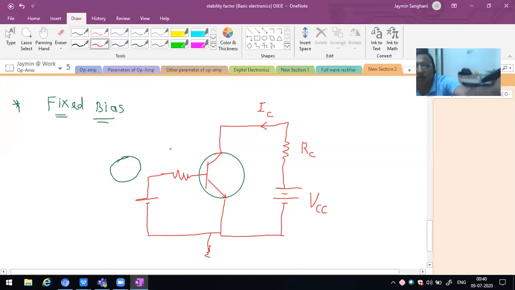Here it is known as RB resistor, and here VBB.